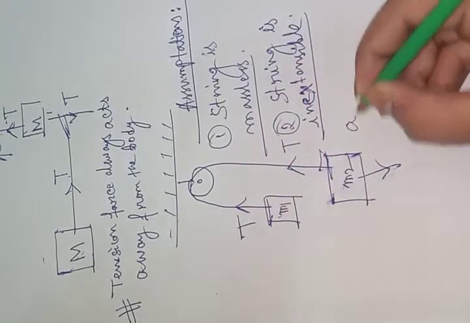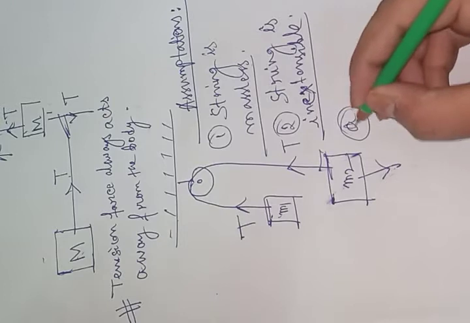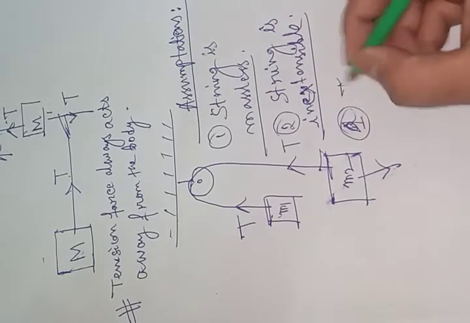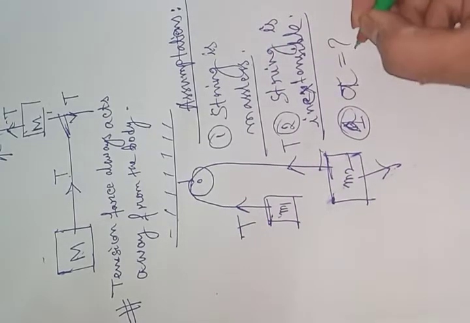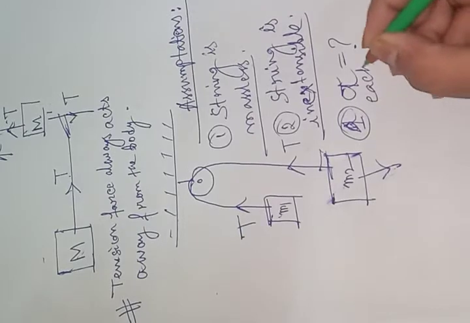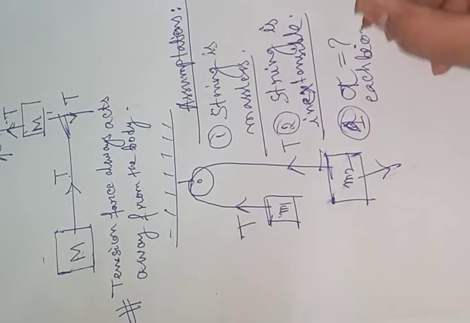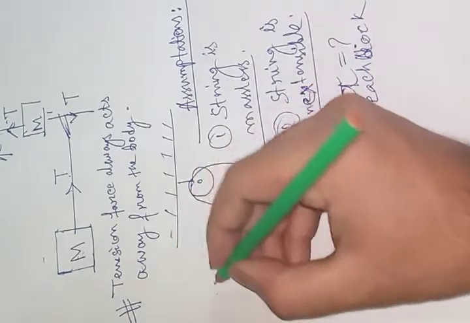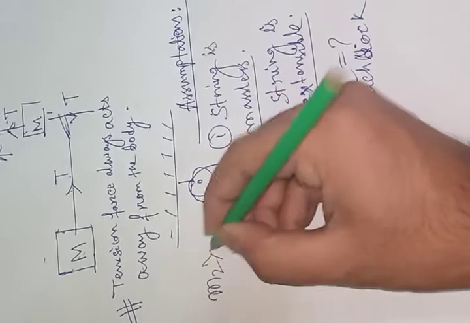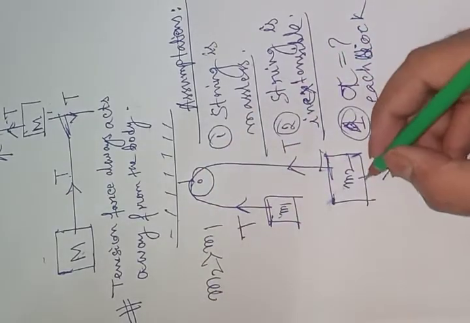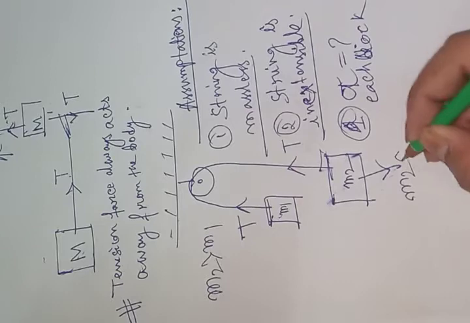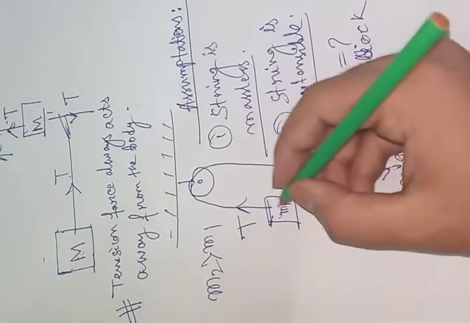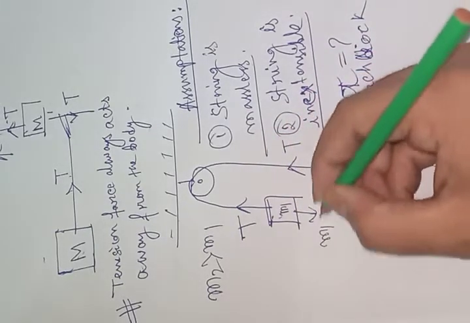Number one is, what is the acceleration of each block? Now suppose m2 is greater than m1, so the downward force is m2g here and m1g there.